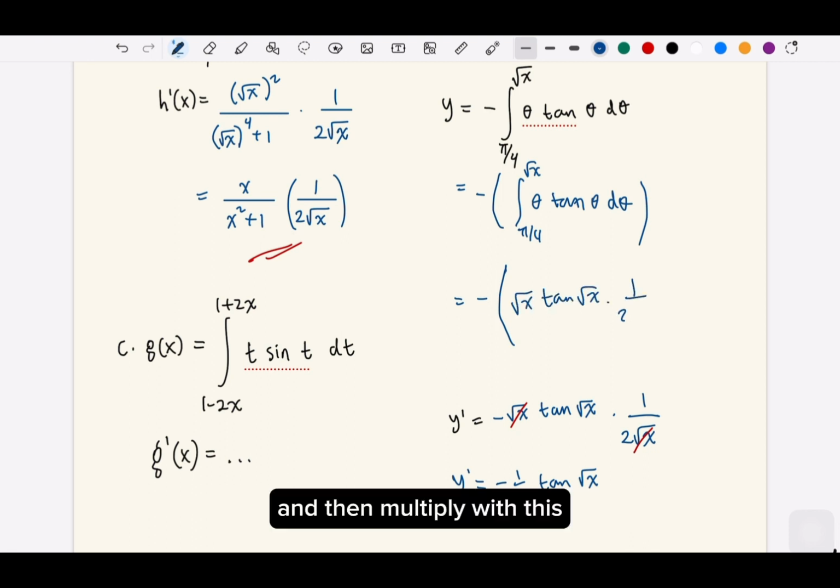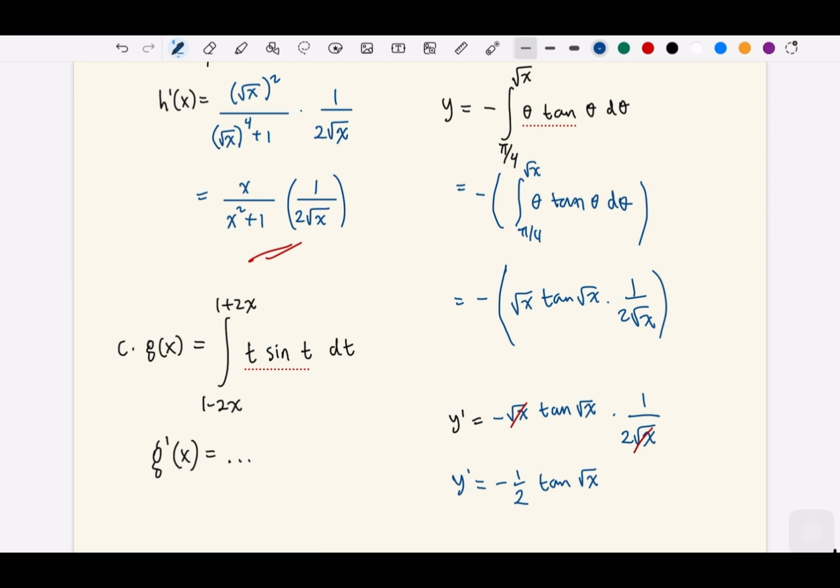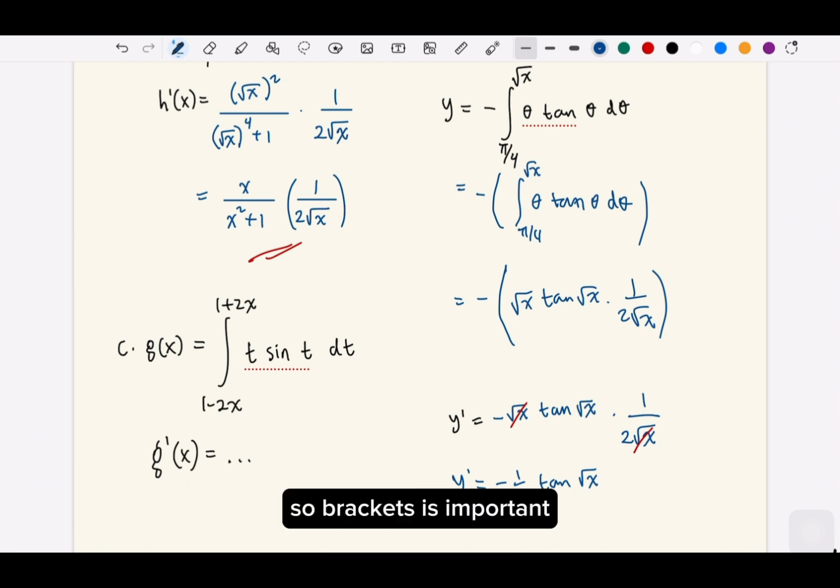And then multiply with this. The same? Okay, so bracket is important. It is sometimes really helpful when you have a complicated process, and you can see which one is the group that you want to work on.